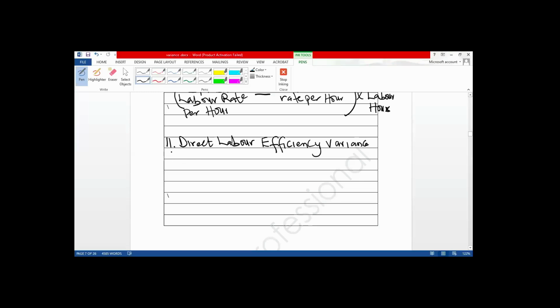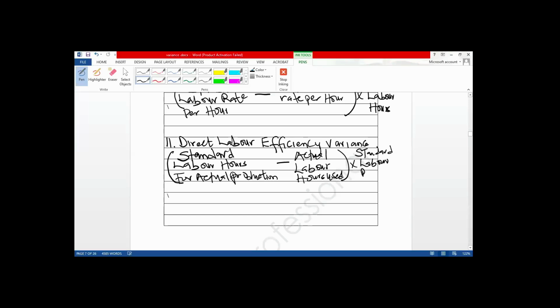If you have to calculate this variance, the formula is standard labor hours for actual production minus actual labor hours used, then multiply by standard labor rates.